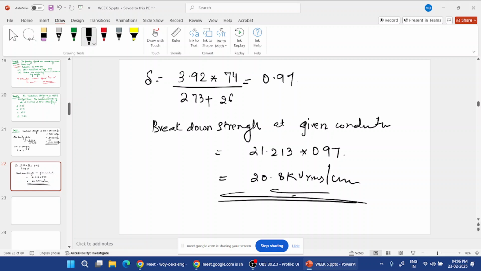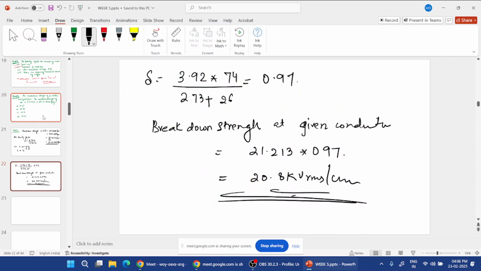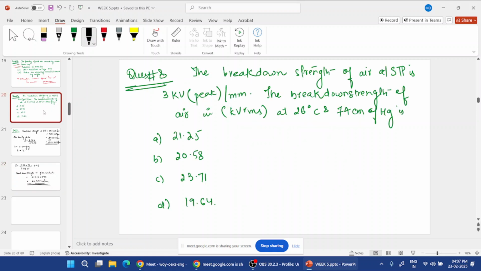So we will get the answer to this question. So basically, the correct option will be 20.8. Okay. So 20 point this much will be the correct answer.